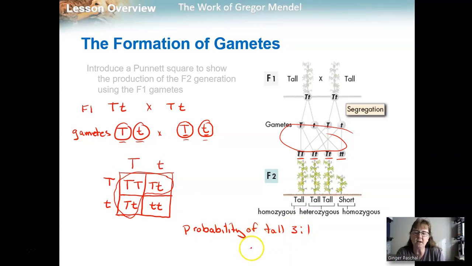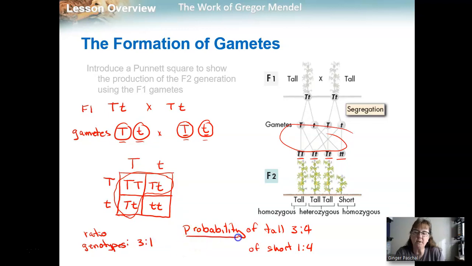The probability of short, the probability of tall is 3 out of 4. The probability of short is 1 out of 4. The ratio, let's write that over here, the ratio of the genotype would be 3-to-1.